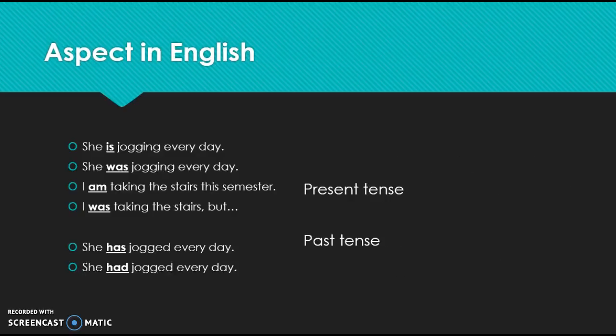And we talked about how present tense and past tense can be combined with aspect, and present and past tense will always be marked on the verb. This is why perfect aspect is not the same as tense. It's a way of viewing the event. Aspect is a way of viewing the event, not related to time.